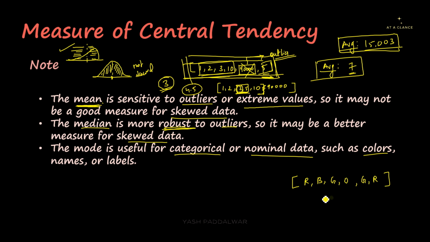Now, in this particular case, we cannot calculate the mean because it is categorical data. We also cannot calculate the median because it's not numerical data. So in this particular case, we can use the concept of mode. We can count the most frequent values. Here you can see R is the mode as well as G, that is green, is also a mode. So mode is useful for categorical or nominal data.